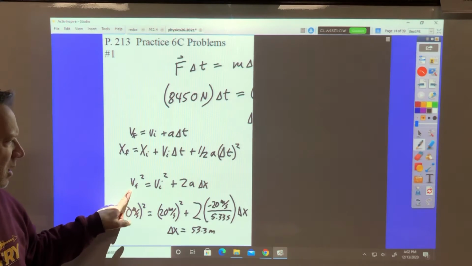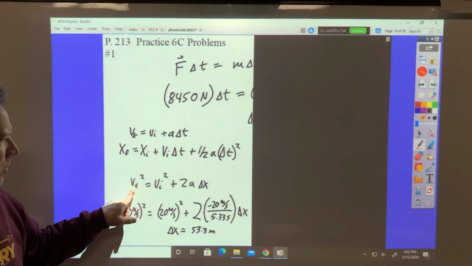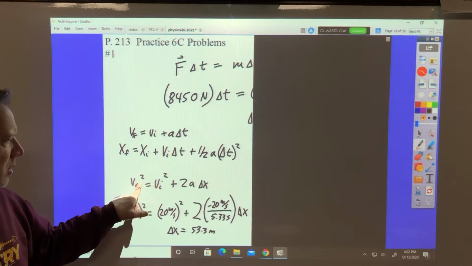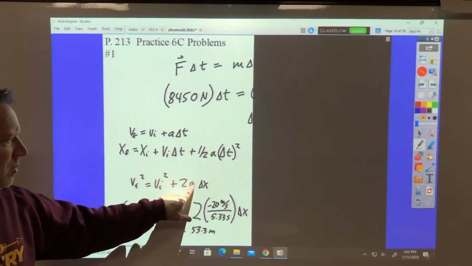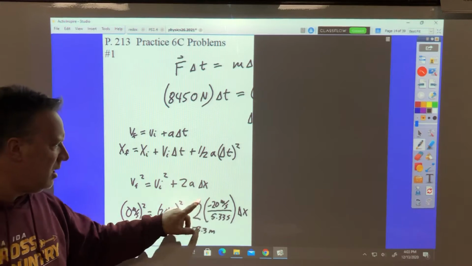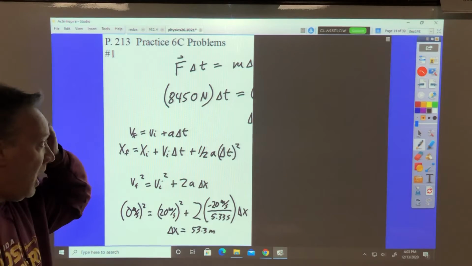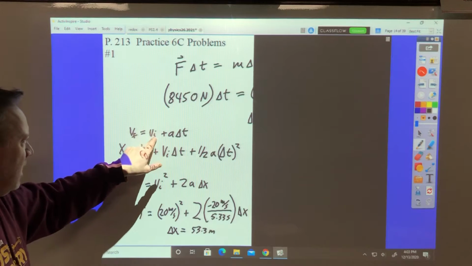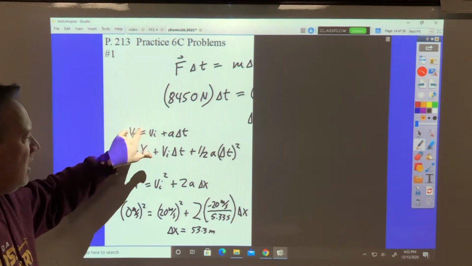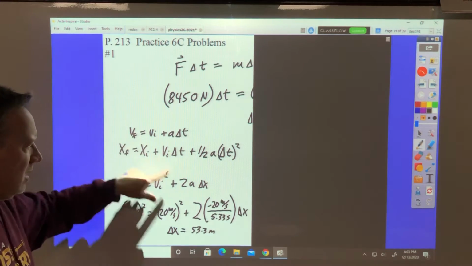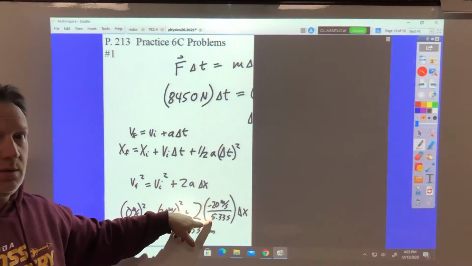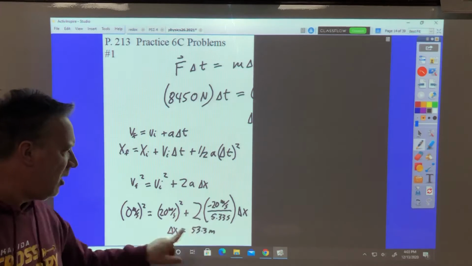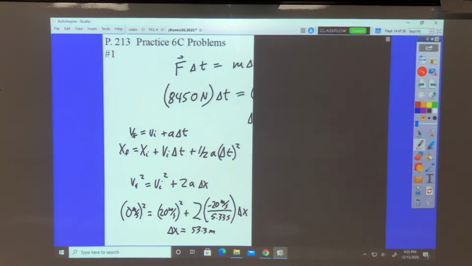An easier way to do it would be to use the equation velocity final squared, which is 0, equals velocity initial squared, which is minus 20, plus 2 times A times delta X. But again, you don't have A. But if you say A is delta V, subtract these V's, divided by delta T, that's what A is. Well, that's also slope. You can find delta X that way. It comes out to be 53.3.